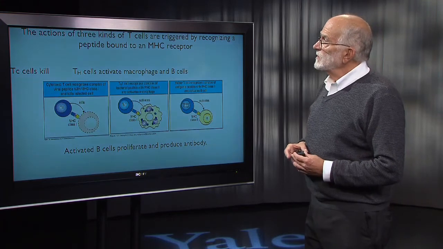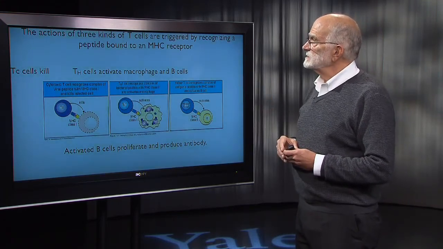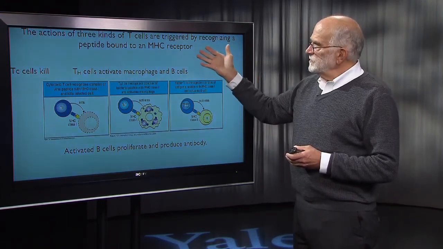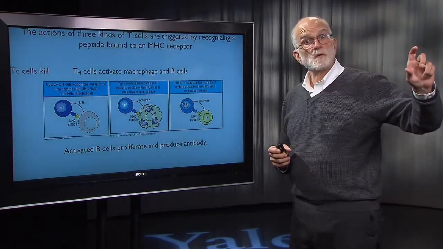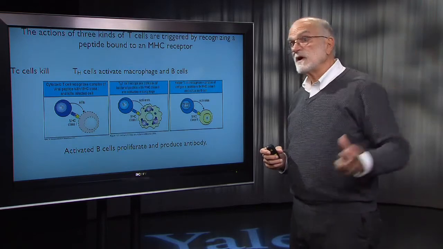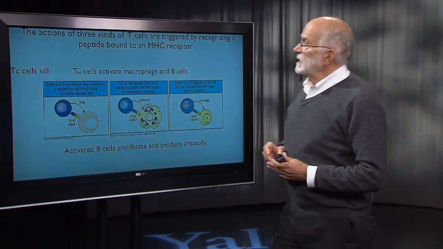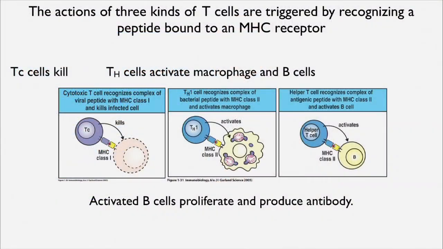Now, there are three kinds of T cells that are triggered when a peptide that's bound to an MHC receptor is recognized. So you've seen these MHC receptors that are working intracellularly and taking fragments and moving them up to the surface of the cell. The T cells can kill, so the cytotoxic T cell can recognize a complex of viral peptide on the surface and kill a cell infected with a virus, or they can activate macrophage and B cells.